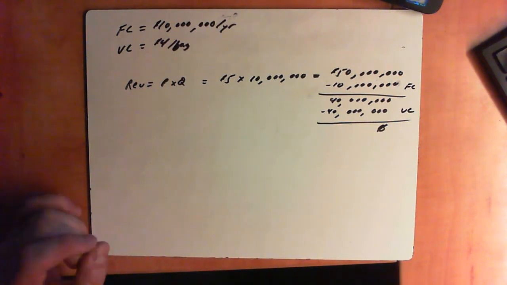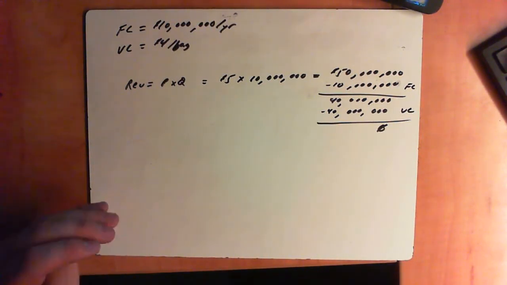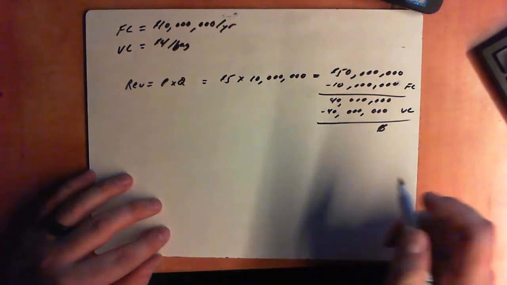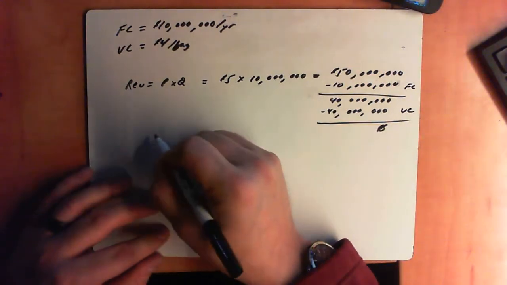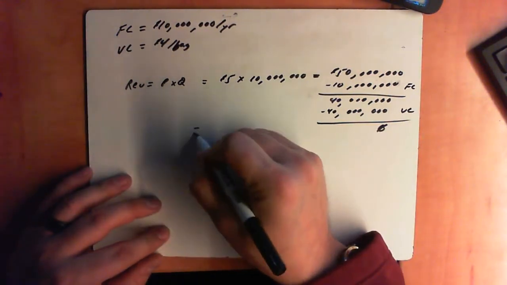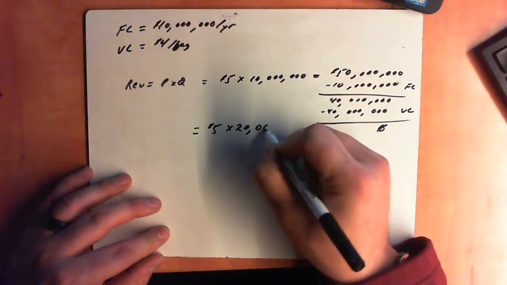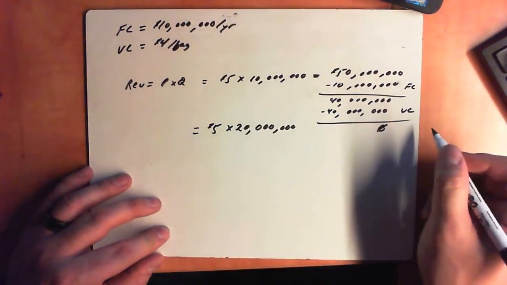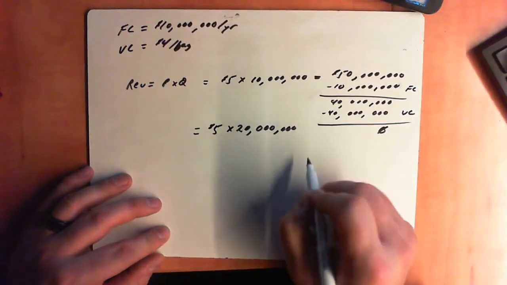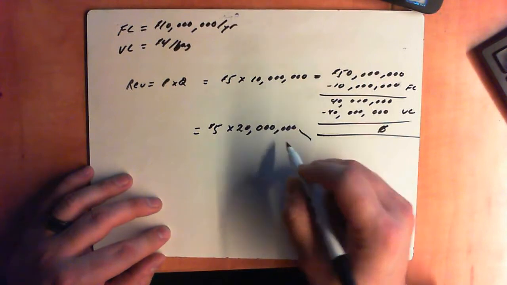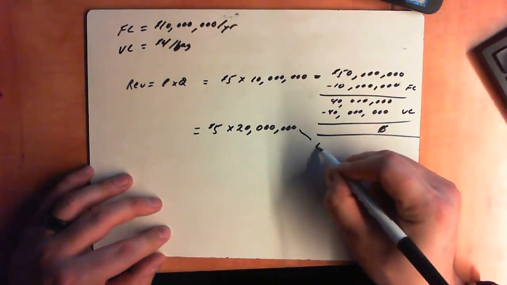Now, if consumers instead demand 20 million bags at the price of $5 per bag, how large will the firm's profit or loss be? Again, revenue is equal to price times quantity, so $5 a bag times 20 million bags is equal to $100 million.